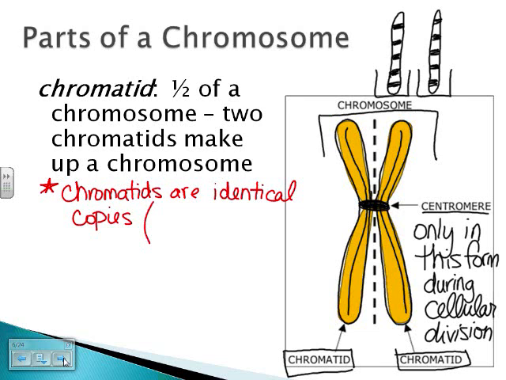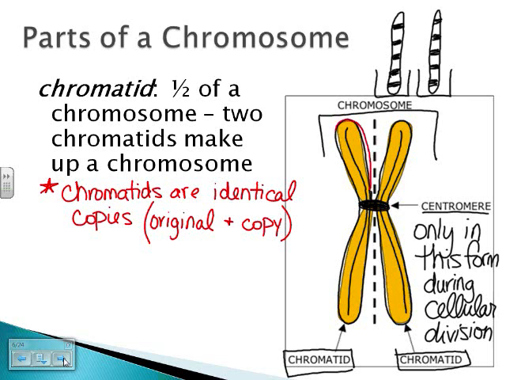By identical copies, you have an original chromosome and its copy. So in cell division, it's important to copy your genetic information because when the cell divides, you want each new cell to have a full set of genetic information. You don't want to forget to copy a chromosome and for the new cell to be missing that chromosome. So it's important to have copies.